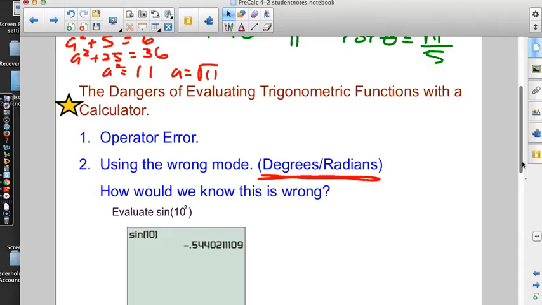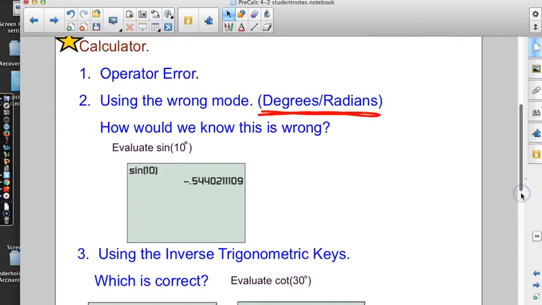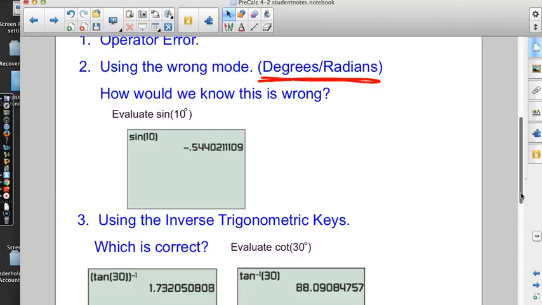So this one says we were supposed to evaluate the sine of 10 degrees, and this popped out right here. Let's see. Sine of 10 degrees, that's degrees, so I need to go down here to where it says mode, change it to degrees, and punch in the sine of 10 degrees.